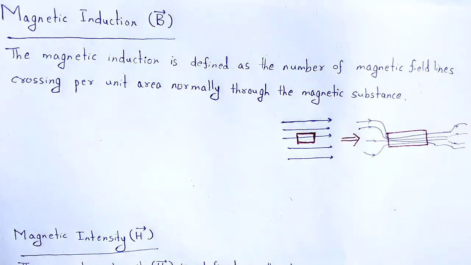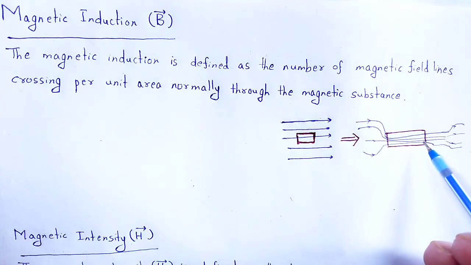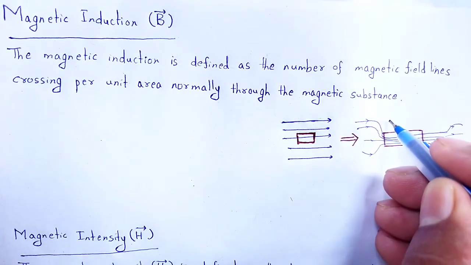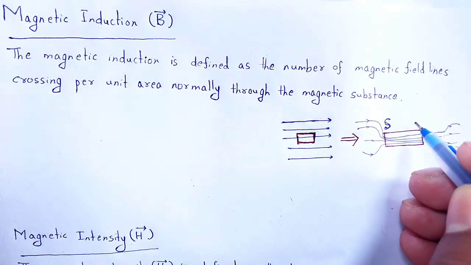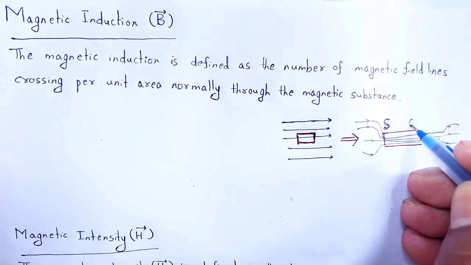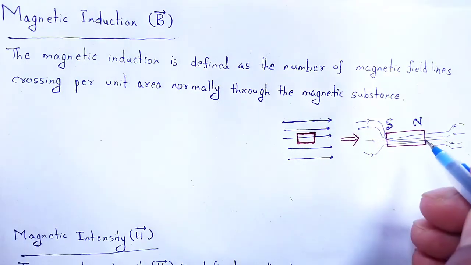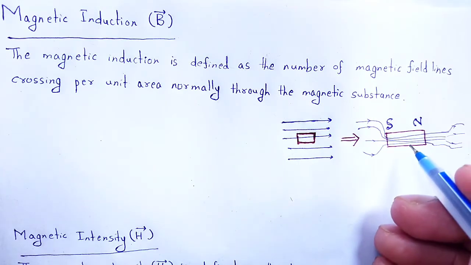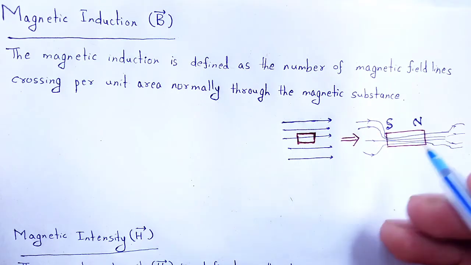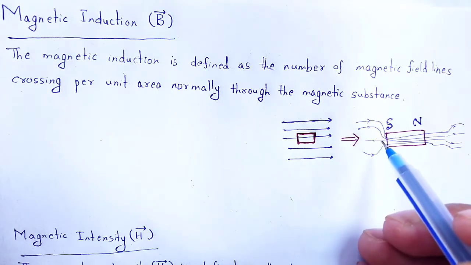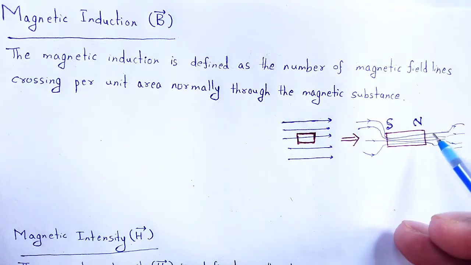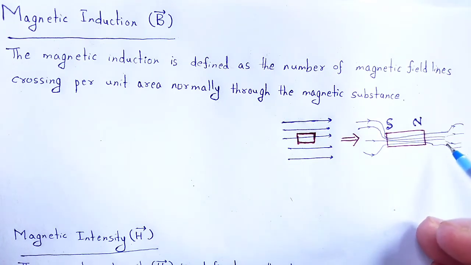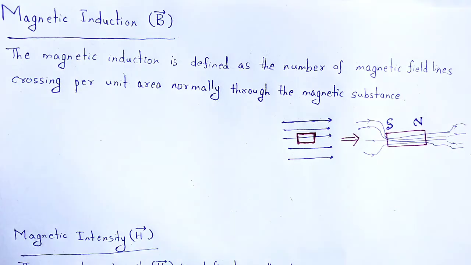And that substance becomes a magnet with south pole on the left and north pole on the right hand side. In other words, we can say the end into which field lines are entering becomes south pole, and the other end from which field lines come out becomes north pole.